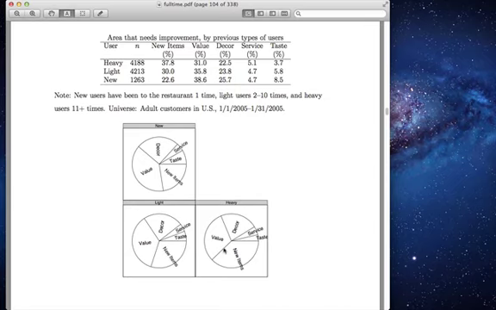I think another comparison that you may want your audience to make is how important is new items to heavy users versus new users. So the viewer must compare the size of this slice to this slice. Now, in both cases, we have spatial disarray. So how big is this slice versus that slice? Well, they're kind of oriented in different directions, and it's a difficult comparison to make. Likewise with this slice versus this one.